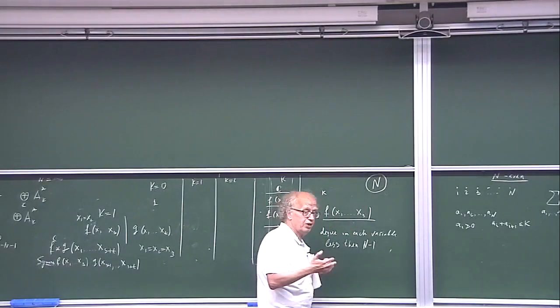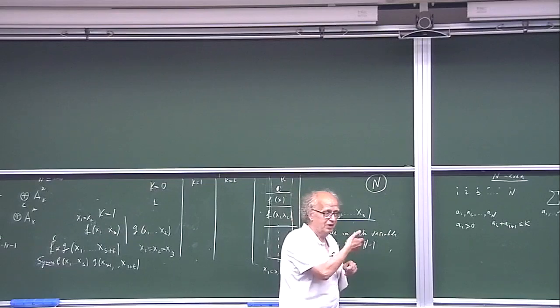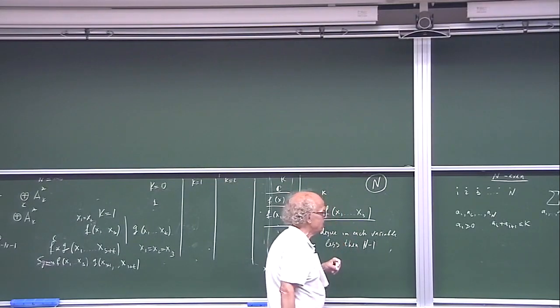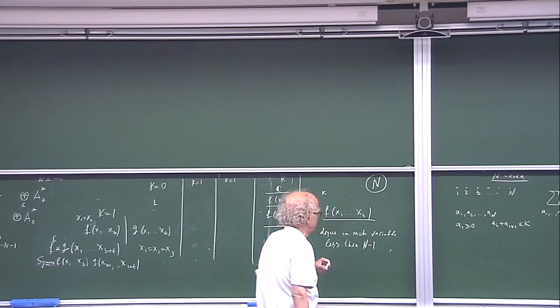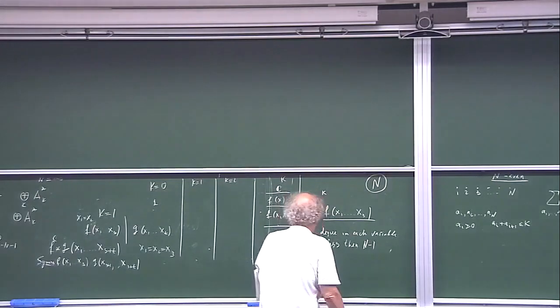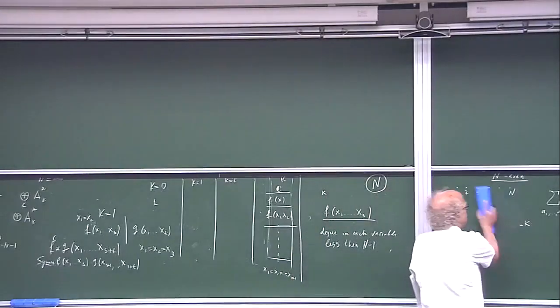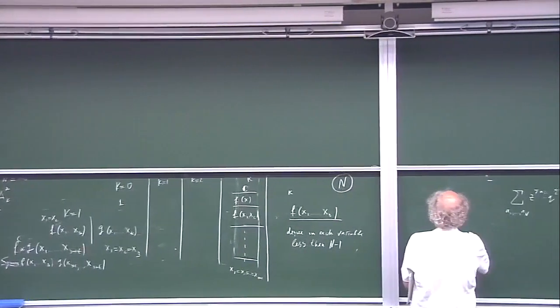Surely, if you calculate the product, this restriction remains true, and as a result, you get some smaller algebra. Maybe I move too slow, but I think it is important.